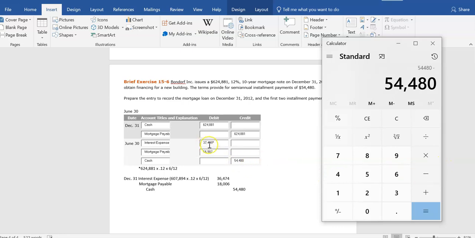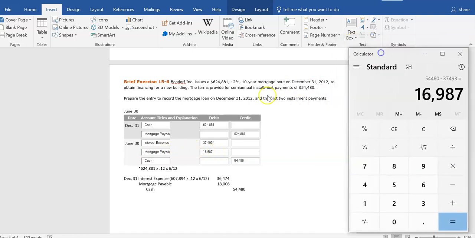Of that payment, $37,493 is interest. That means the remaining portion of the payment, $16,987, will decrease the liability, brings it down. So we're debiting the liability to decrease it. Okay, that was the first 6-month payment.